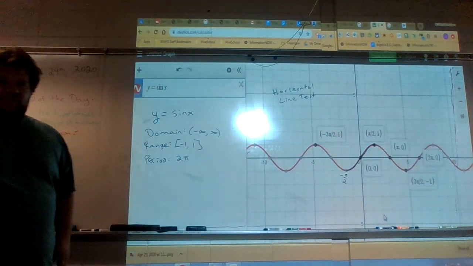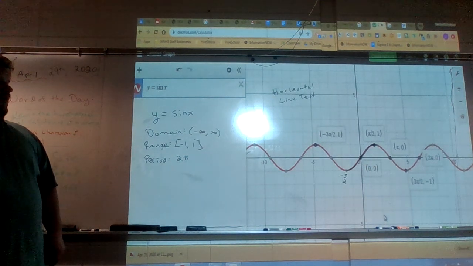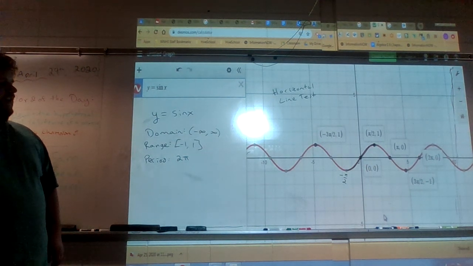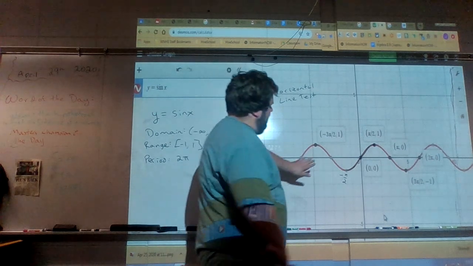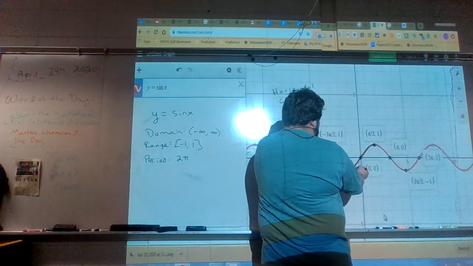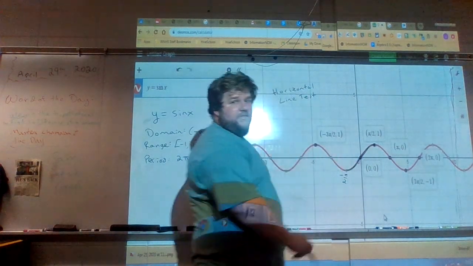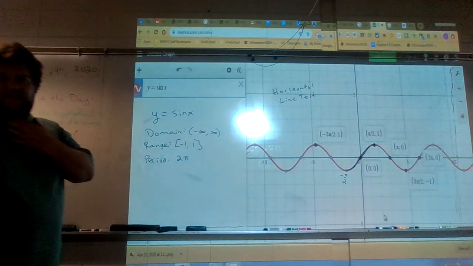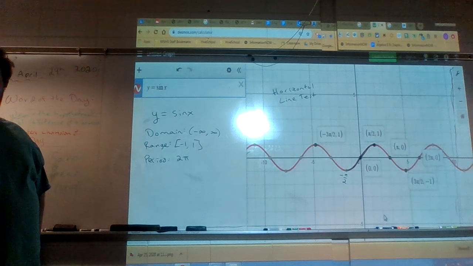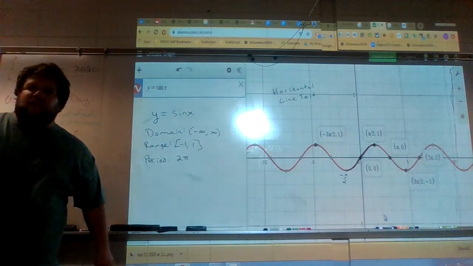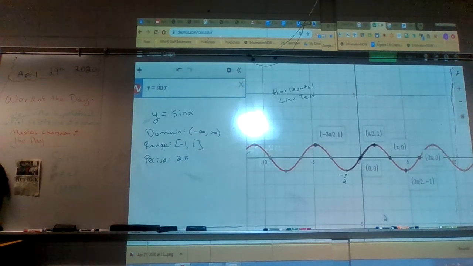And you'll see with that little piece right there, we can actually recover everything. If I thought about just this part that I've highlighted here, if I thought about a horizontal line here, then it would pass the horizontal line test. So they chop off part of the graph, so to speak. And we're going to do that with sine, cosine, and tangent.